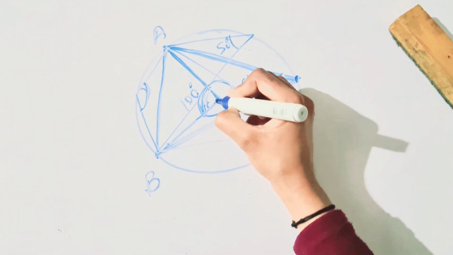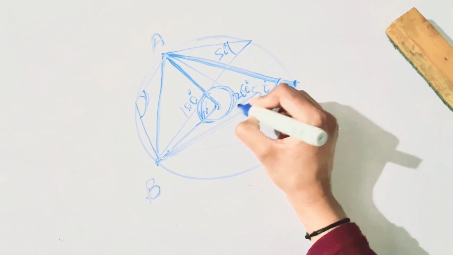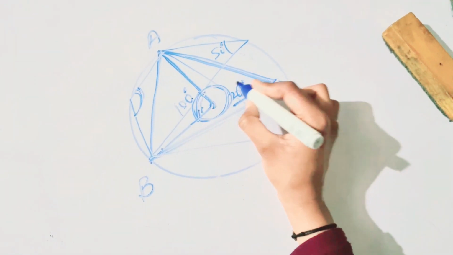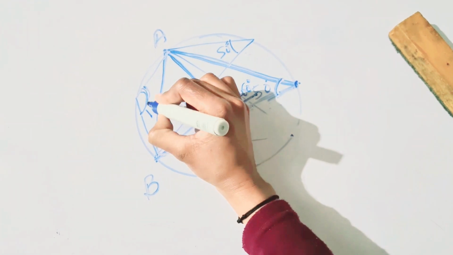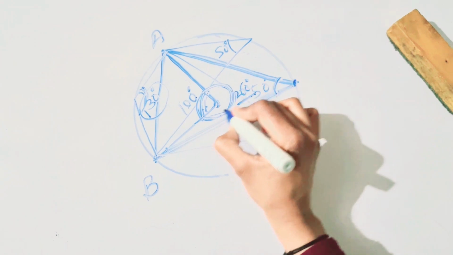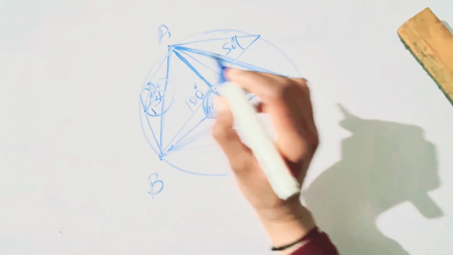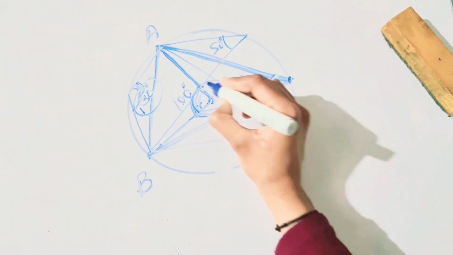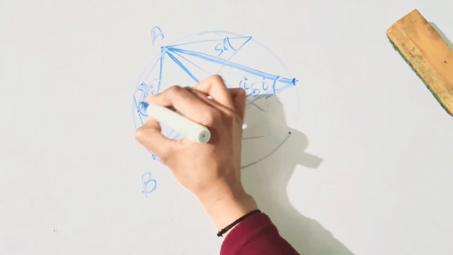If this much is 100, this is 260. That time this angle will also be half of 260, that is 130. Clear? So corresponding angles we have to take. Always remember, this angle is double of this one, and this angle is double of this one.